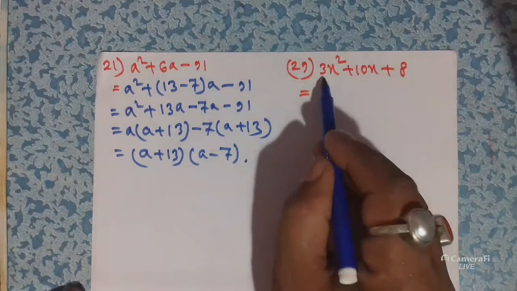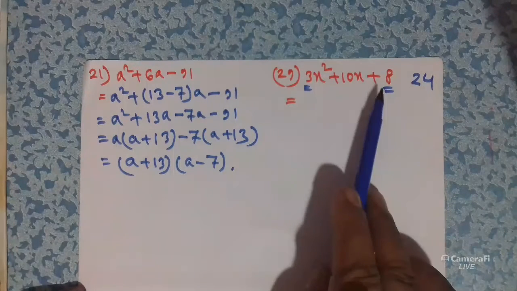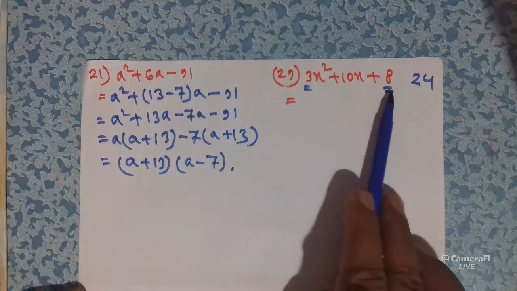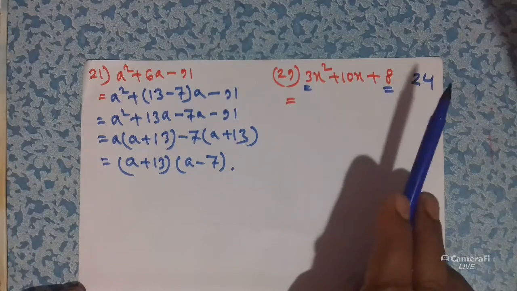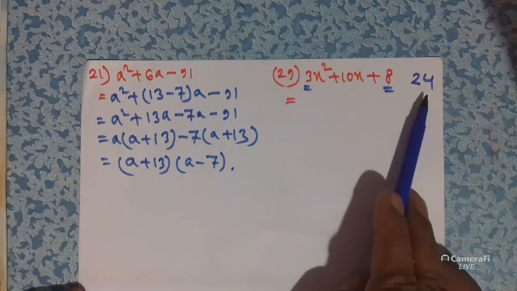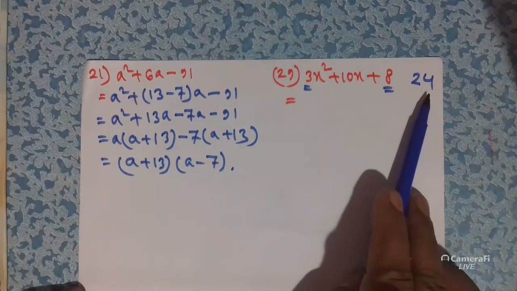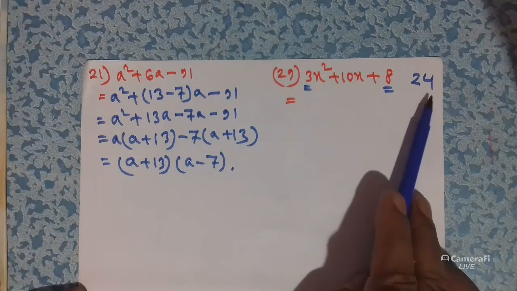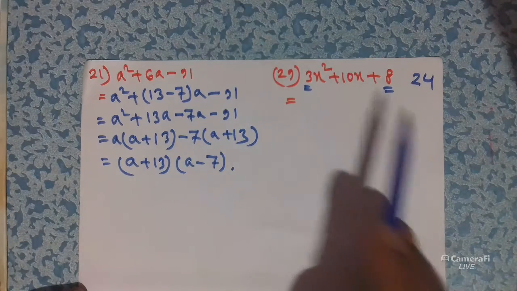Okay students, after multiplying 3 and 8, 24 has come. Now we have to choose two numbers whose product is 24 and sum is 10.